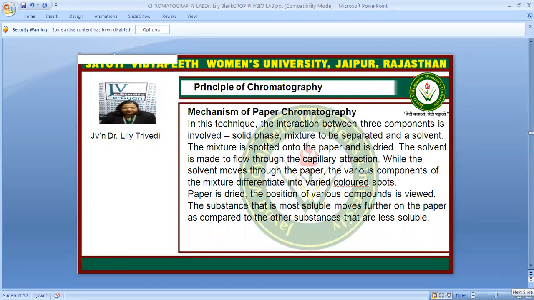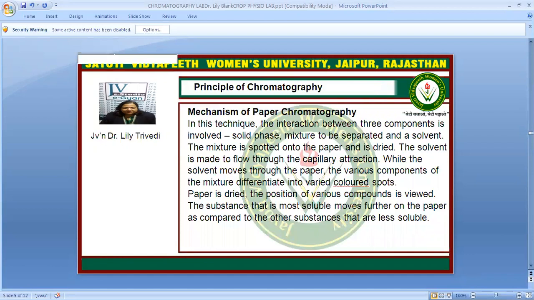What is the basic principle? Now in this technique, there are three components: the solid phase, the mixture to be separated, and the solvent. The mixture is spotted on the paper and is dried. The solvent is made to flow through the capillary action of the paper. While the solvent moves through the paper, the various components of the mixture separate into varied colored spots.